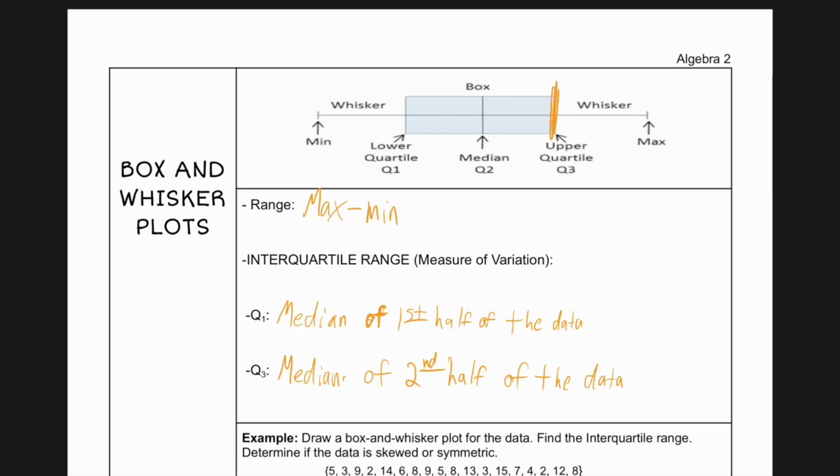And it'd be right there on the box and whisker plot. So you got your actual median right here, and then halfway between the median and the minimum, you have your quartile 1, and halfway between your median and the maximum, you have your quartile 3, is the idea. And that's not necessarily going to fall halfway between value-wise.